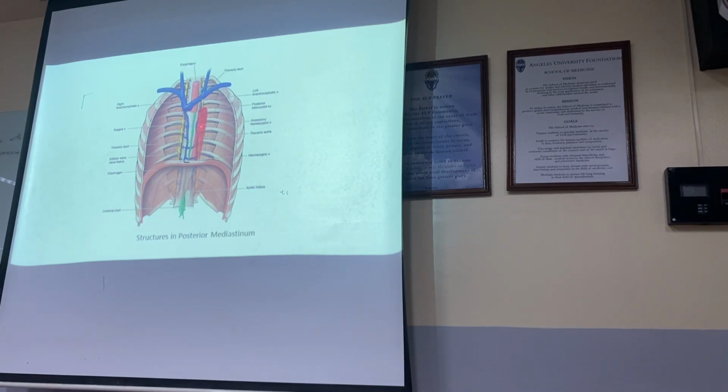The azygous vein, the thoracic duct, the largest lymphatic vessel, and the sympathetic chain of ganglia. Do you think we will see the sympathetic chain? No more. Azygous vein? No more. Thoracic duct? No more. So you will be left with 2: the esophagus and the descending or thoracic aorta.